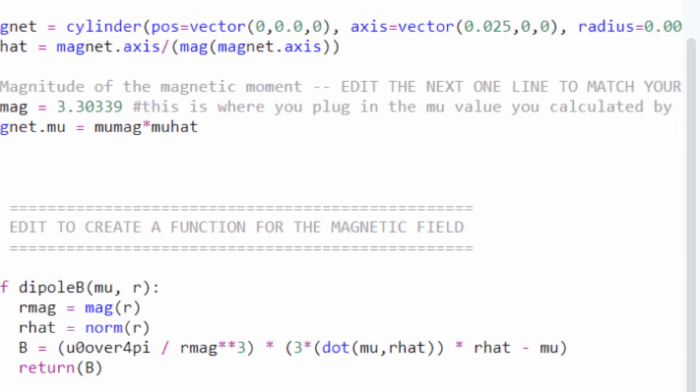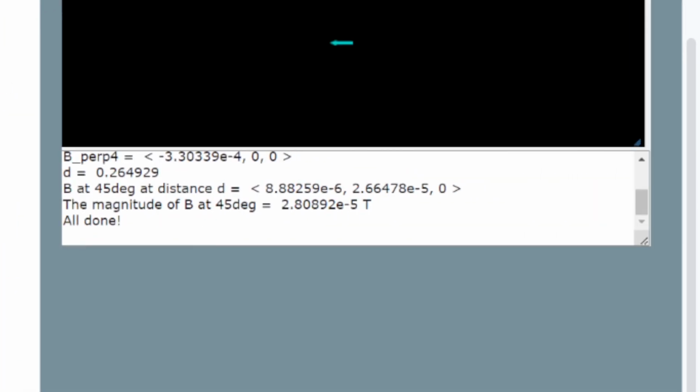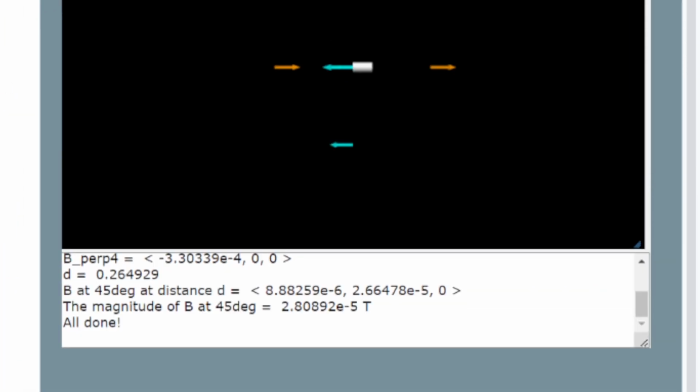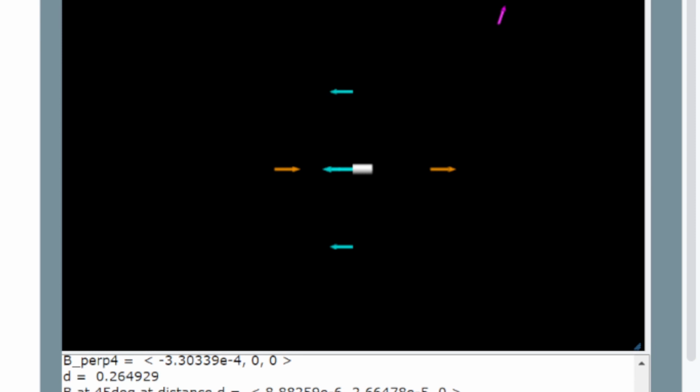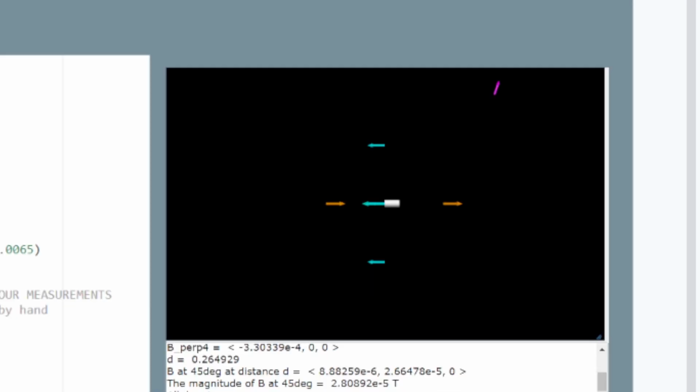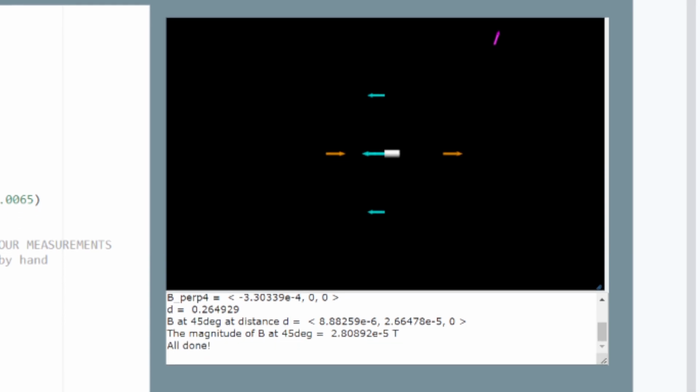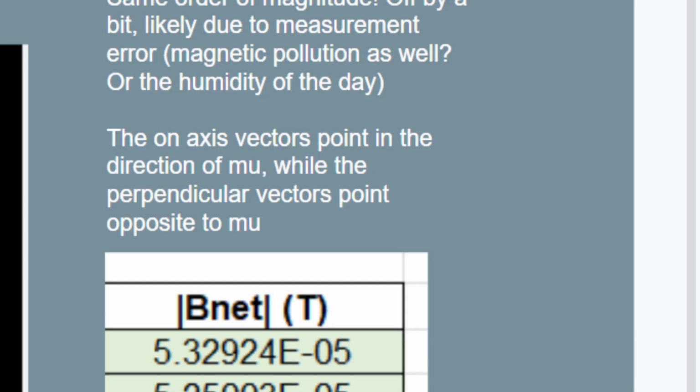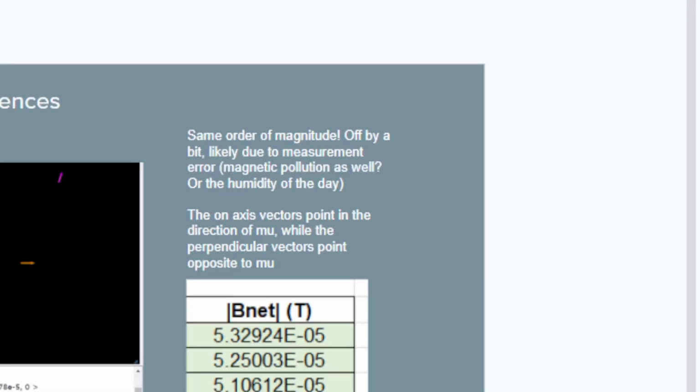Through some visualization procedures, you can now plot the parallel and perpendicular components of B-net, and you can also show the 45 degree B-net, the one that we calculated earlier, that we measured to be roughly 5.2284 e to the negative 5.